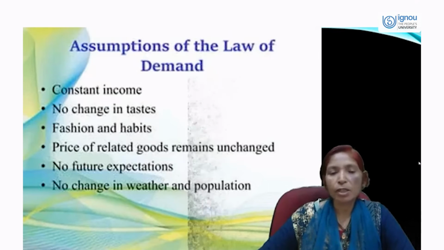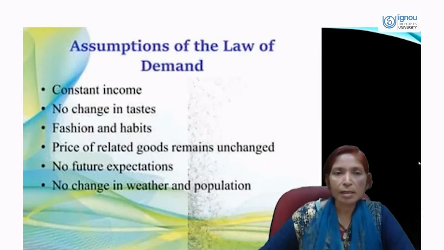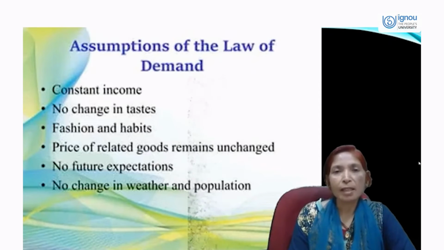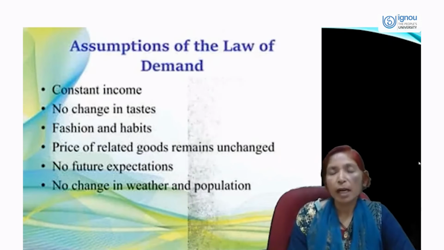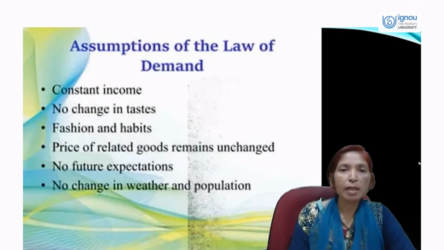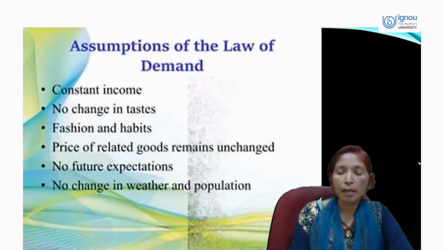No future expectation and no change in weather and population size. If all these things remain constant, then definitely price will affect the demand for a commodity, and both have an inverse relationship. Due to a rise in price, demand falls, and due to a fall in price, demand rises.